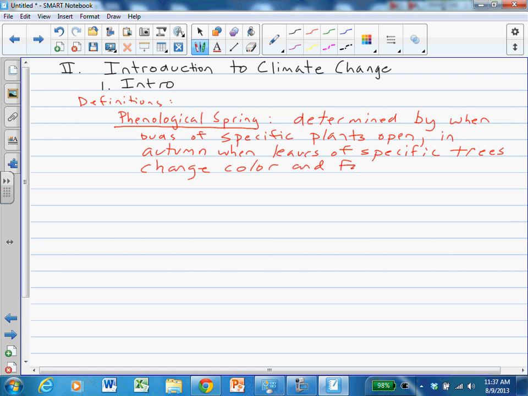And I also had the definition emissions scenario: prediction about the amounts, rate, and mix of future greenhouse gases.